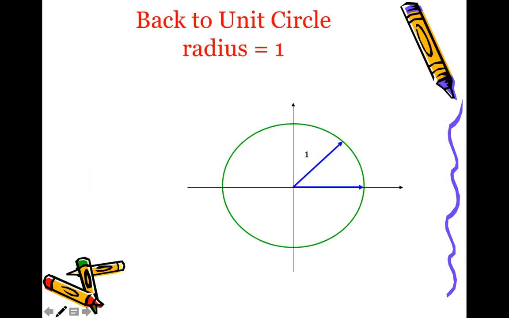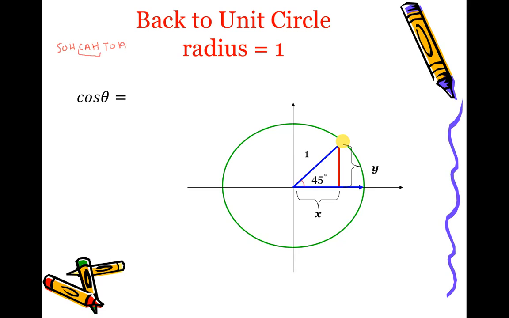Okay, so back to the unit circle. The radius is 1. We're going to look at this 45-degree angle. We wanted to identify what this coordinate point is. To get to that point, you're going over x and up y. So the cosine, well, what is the ratio for cosine? Cosine is adjacent over hypotenuse.